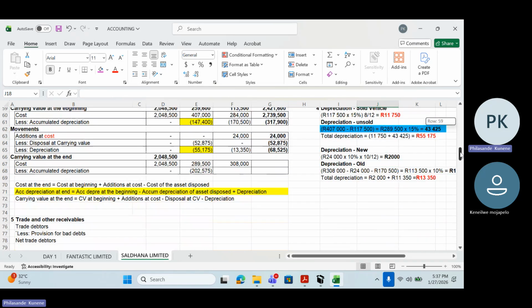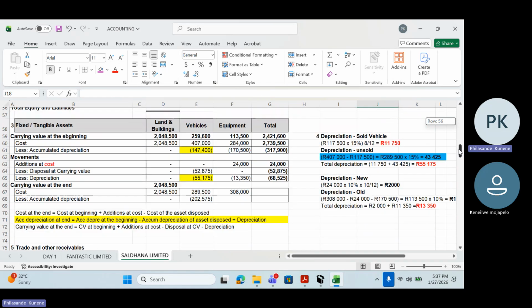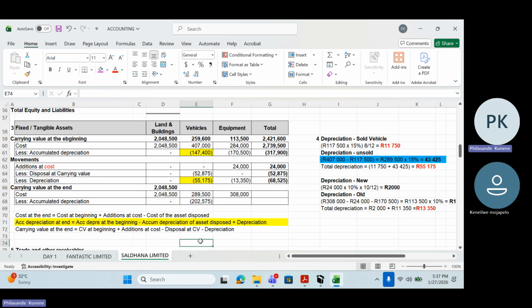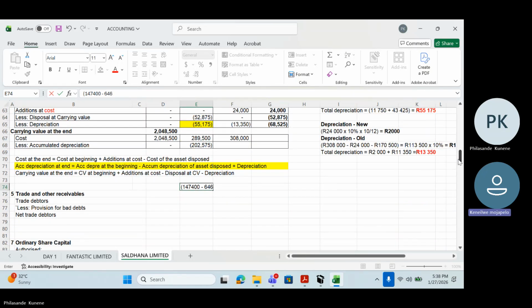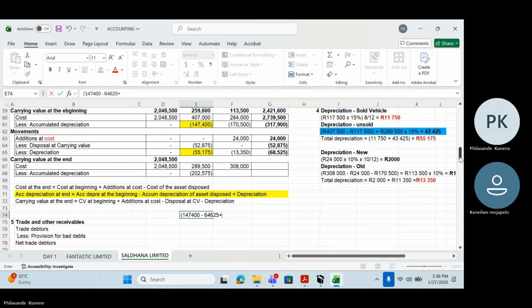So our calculation needs to say 147,400 minus 64,625, which is the accumulated depreciation of the asset disposed, and then plus 55,175.